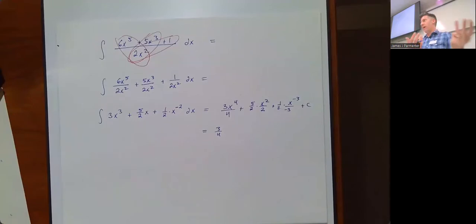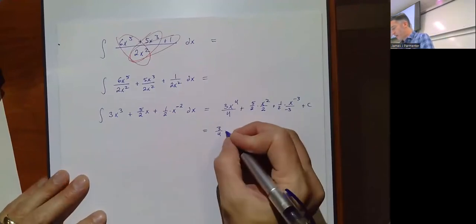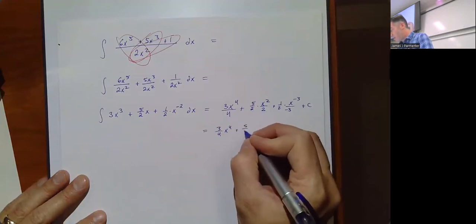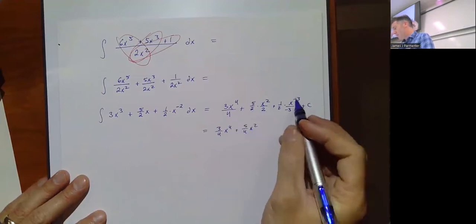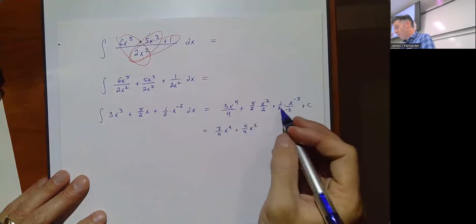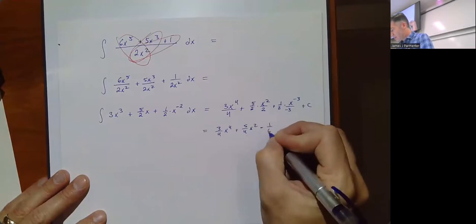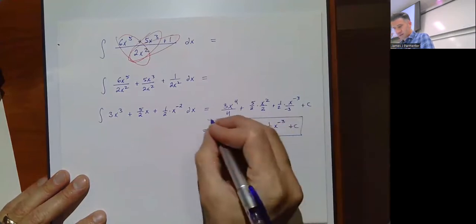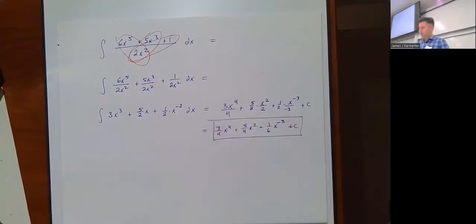It's kind of the same either way. It just is a matter of personal preference. I'm going to write 3/4 times x to the 4th. 5/2 times 1/2 is 5/4 x squared. And then here I'm going to get a negative 1/6 x to the negative 3rd. That's how I would probably choose to write this.